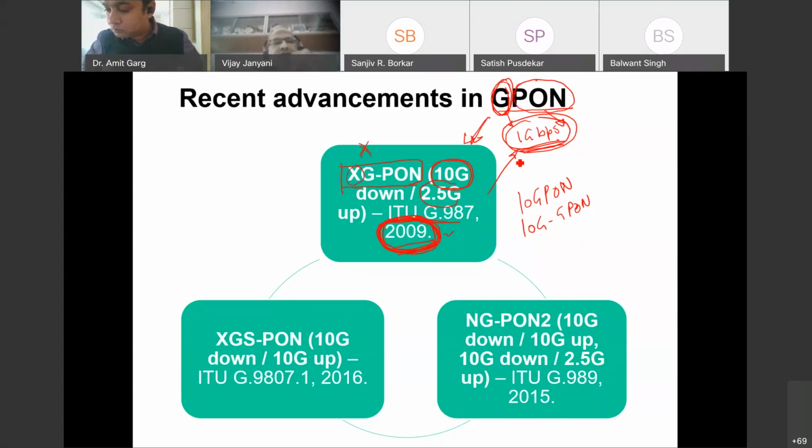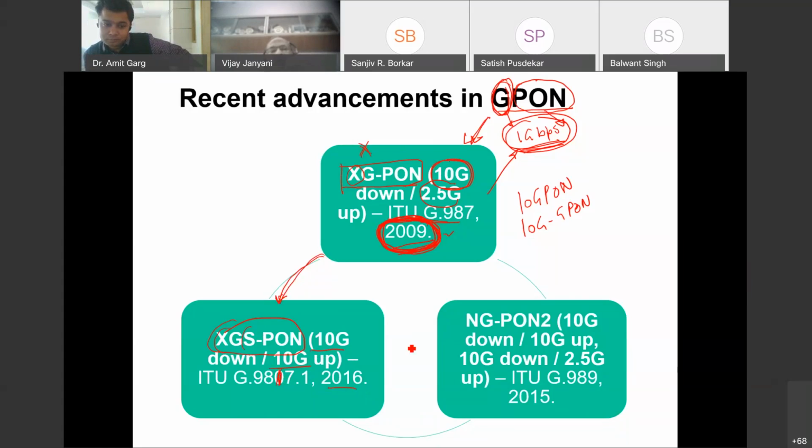Then the next, or parallel, development was XGS-PON. It is again a variant of XGPON. The data rate is 10G, but it is now symmetrical. You have 10G up and 10G down. It is again the same standard, and in 2016 it rolled out.